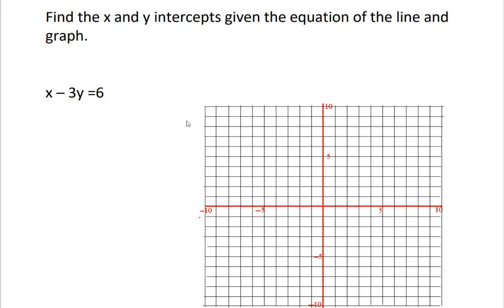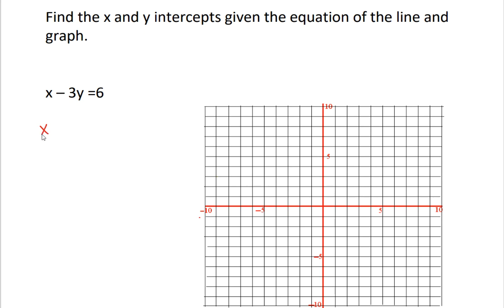So these directions say to find the X and the Y-intercepts given the equation of the line and then graph. So here's my equation, X minus 3Y equals 6. To find my intercepts, just like I said earlier, I'm going to plug in 0 for the opposite coordinate.